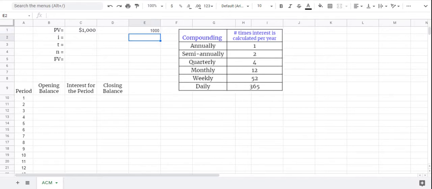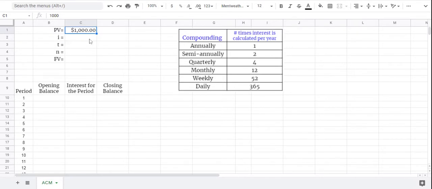I would enter 1,000, and here I would change the format to currency. So it looks like money. Does that make sense? So just so you know, I'm going to do the same thing here only because I want to keep the 2 zeros for the 1,000. So I can see 1,000. Notice that it shows me the dollar sign, and notice that it shows me the comma. I didn't have to enter the dollar sign or the comma. I just entered the 1,000. It's the formatting that does this.